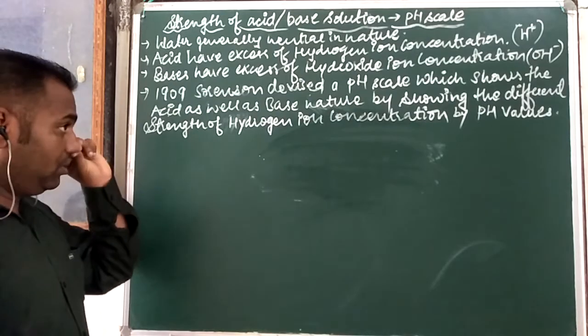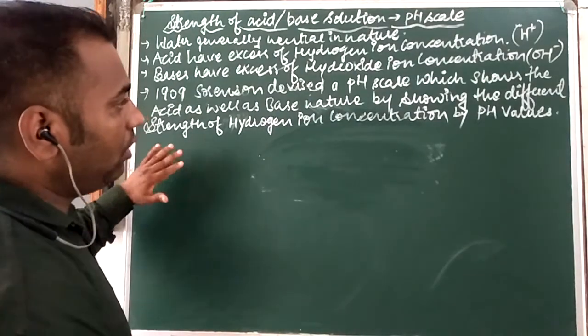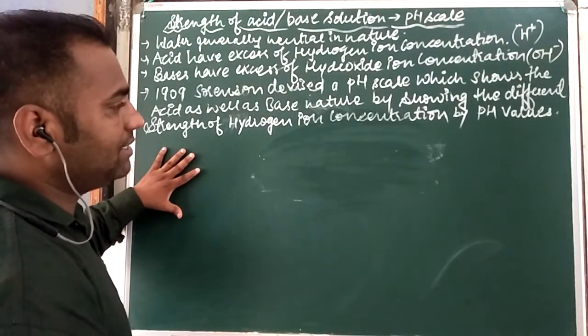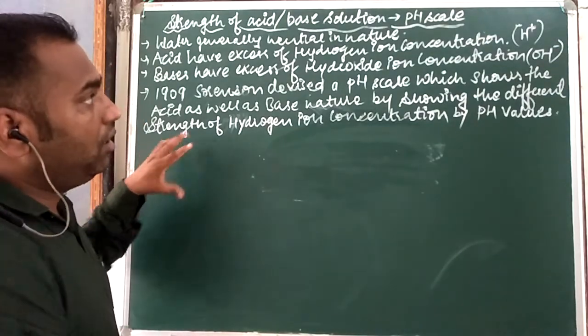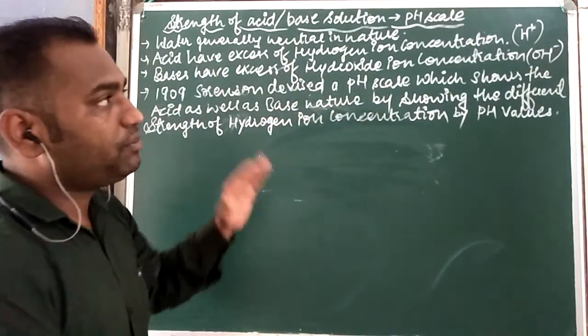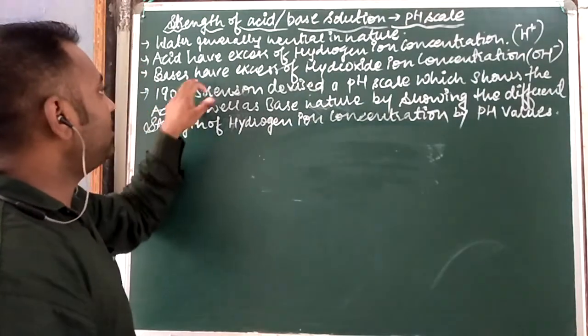H plus ion concentration shows acidic values, and hydroxide ion, OH minus, shows the basic values.